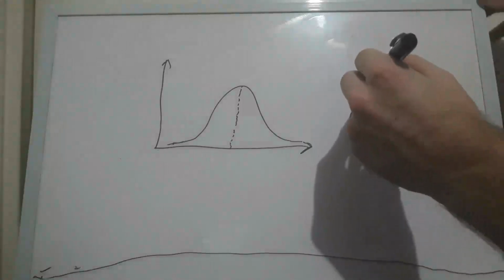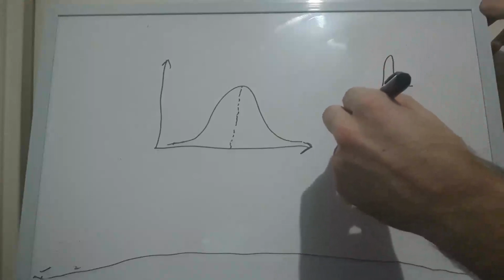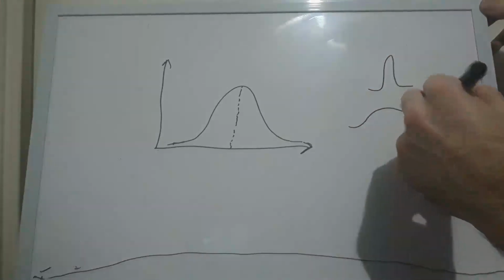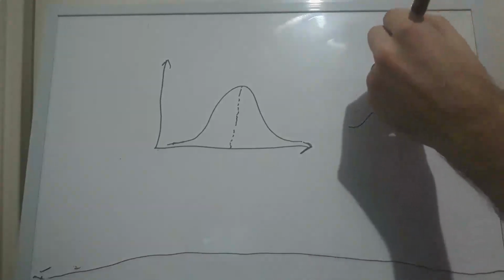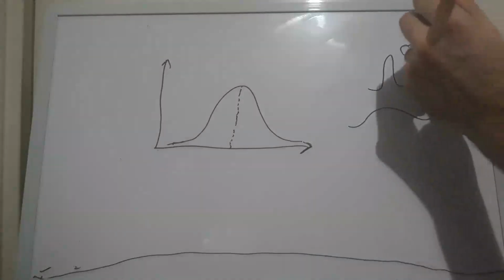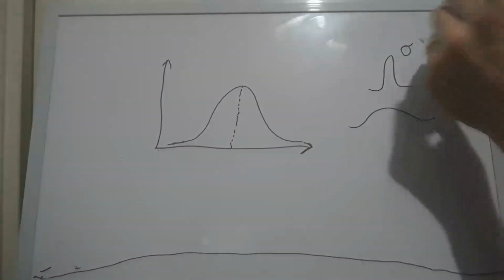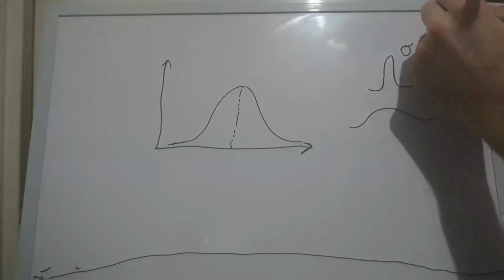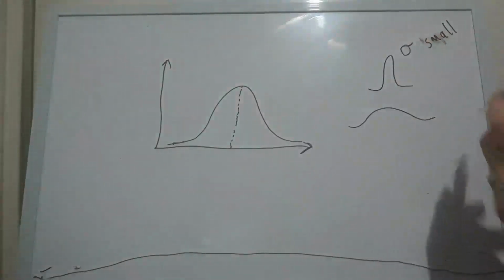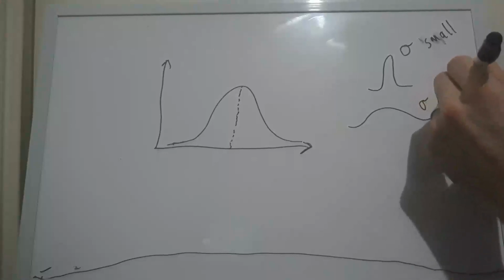So let's say we have a bell curve like this, and one like this. This here, it's a sigma, the Greek letter. That's the symbol you use for standard deviation. So here, your standard deviation is small because all your data is clustered together really closely. Here, your standard deviation is large.